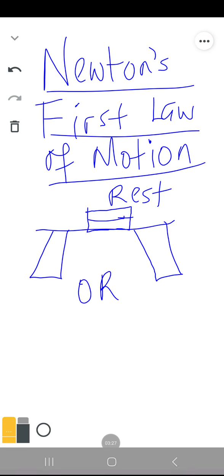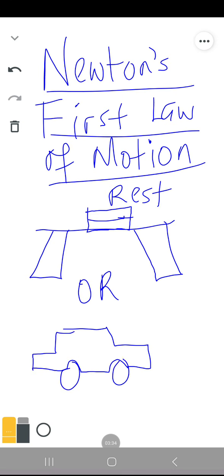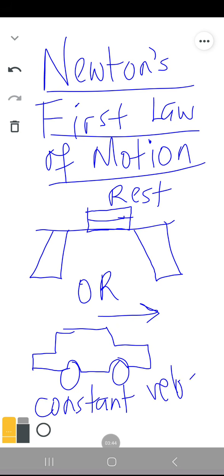Or if it's moving, for example, there's a car which is moving here. This car, which is in motion, must move with a constant velocity. If you say constant velocity, it means the speed or the velocity of the car must be the same.